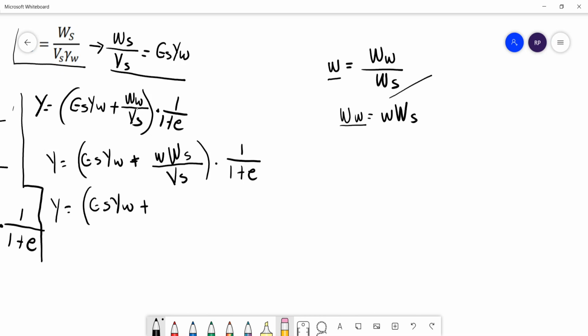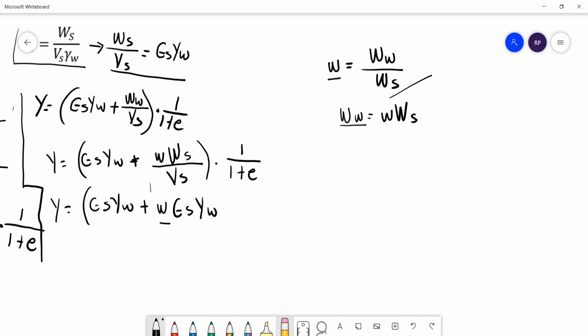Meron tayong WS all over VS dito. Okay? That is equal to GSYW. Pero huwag niyong kalimutan yung moisture content natin, W.